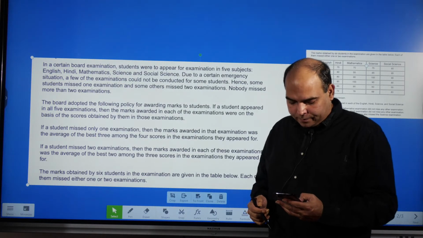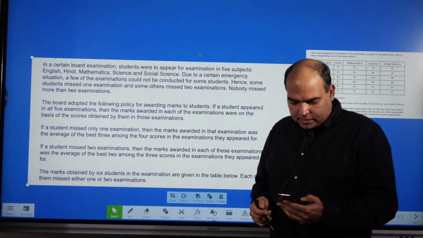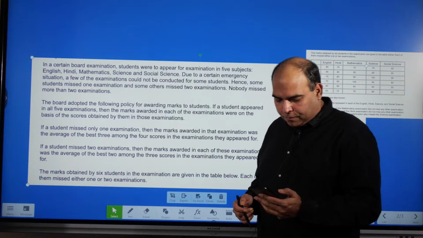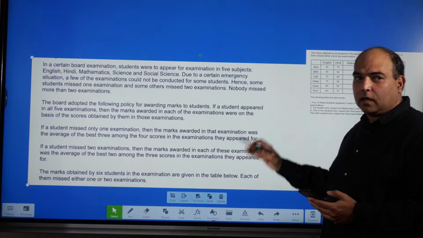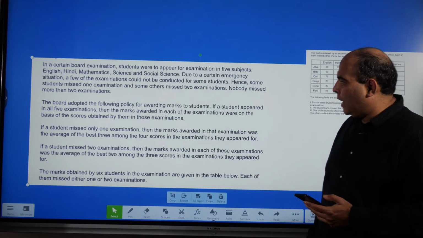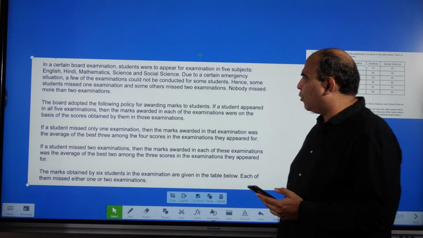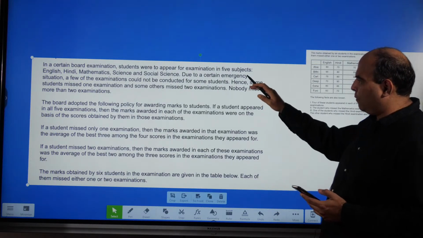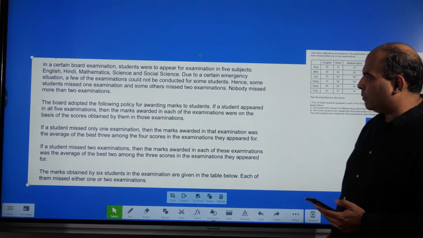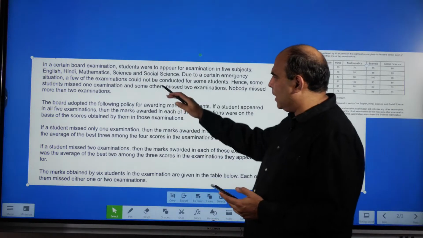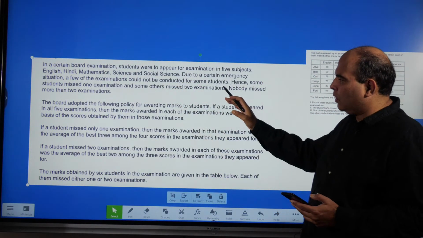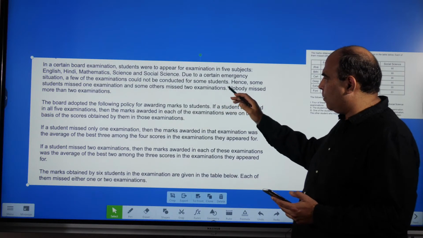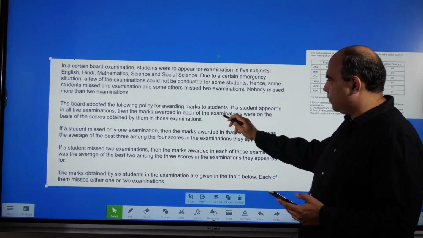You have to understand the basic framework in this situation. The subjects are English, Hindi, mathematics, science, and social science. Due to a certain emergency situation, a few of the examinations could not be conducted for some students.